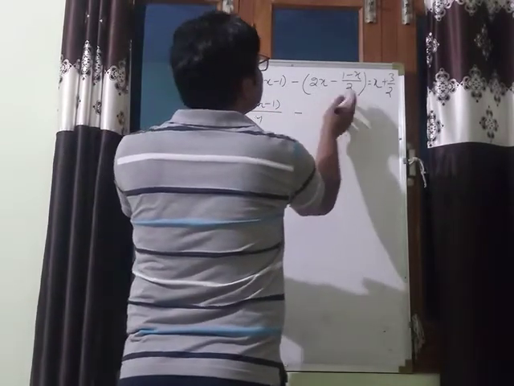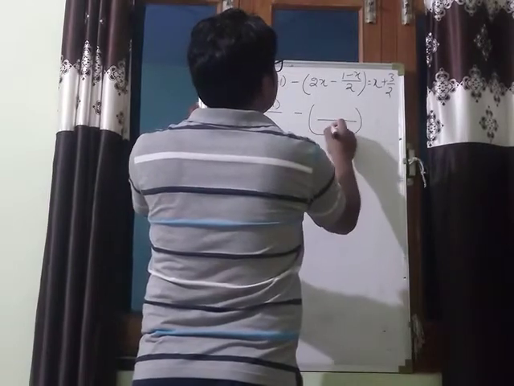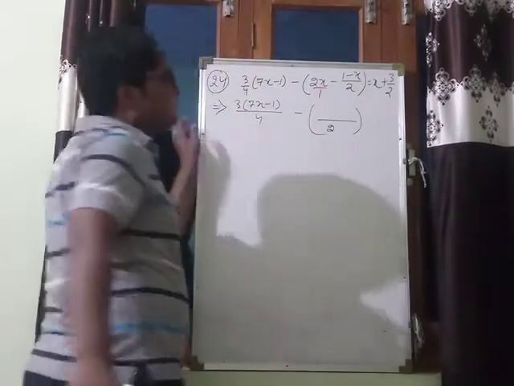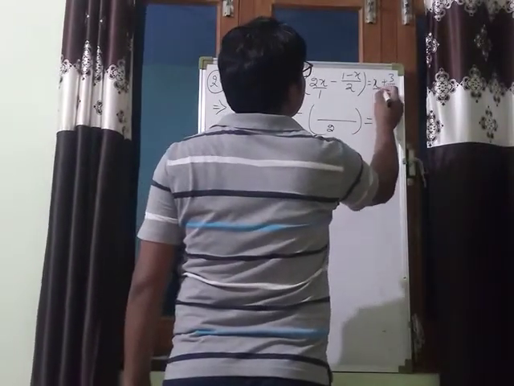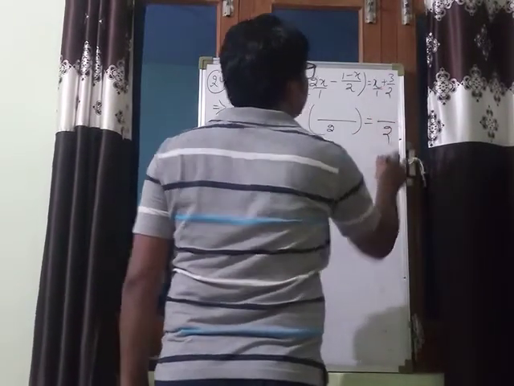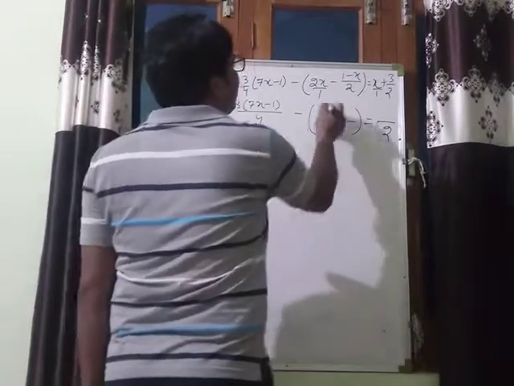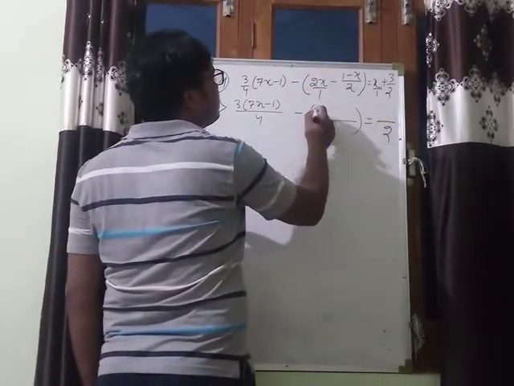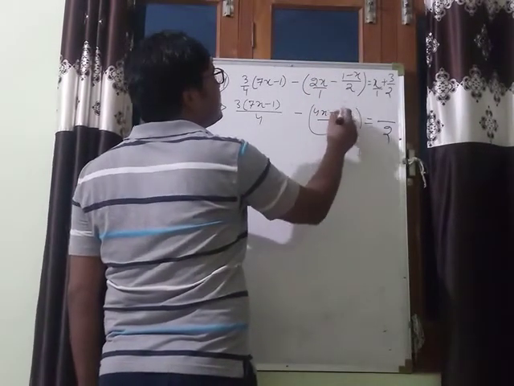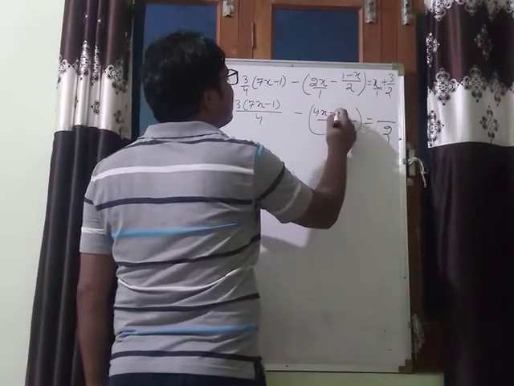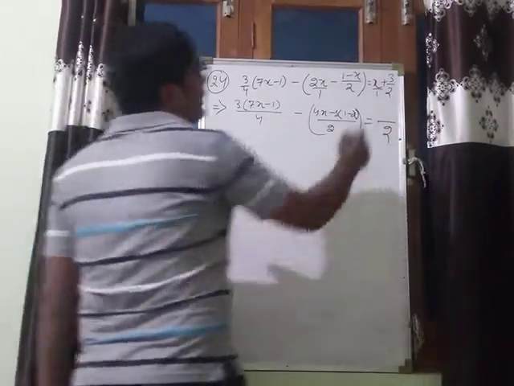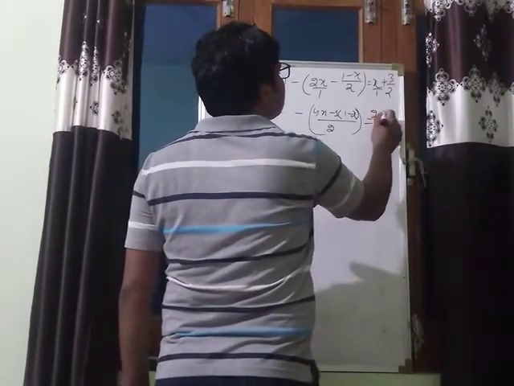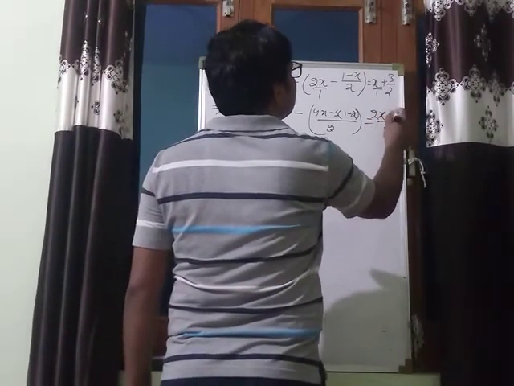minus, here the LCM will be 2, and here the LCM will be 2. So 1 2 is 2, 2 into 2, 4x minus 2 1 is 2, this is 1, 1 minus x. And here 1 2 is 2, 2 into x, 2x, and plus 2 1 is 2, 1 3 is 3.